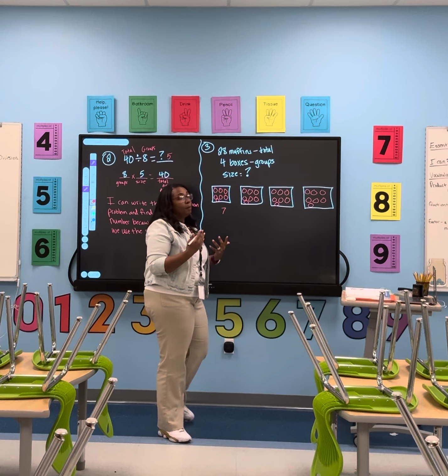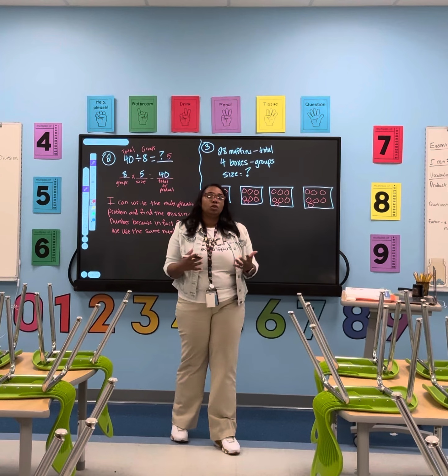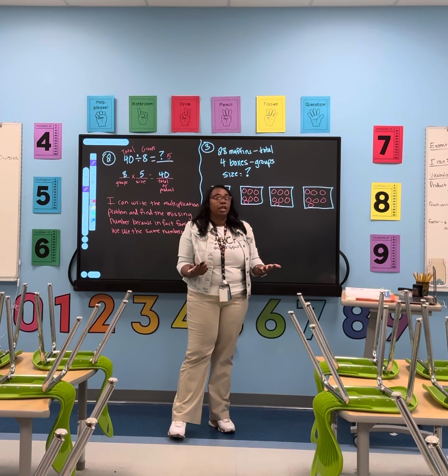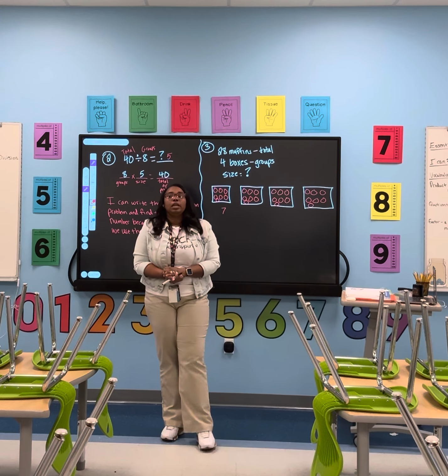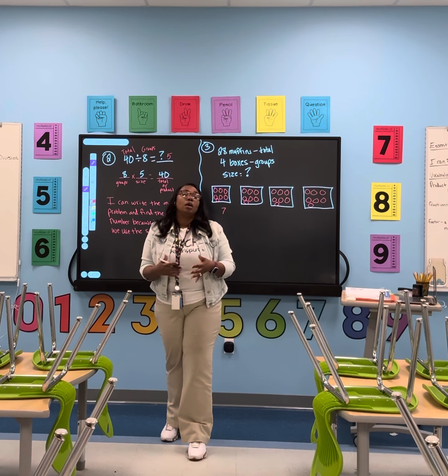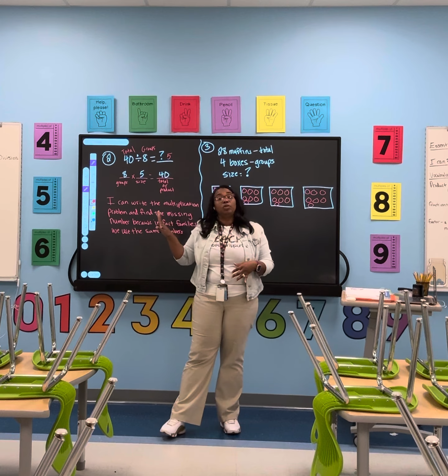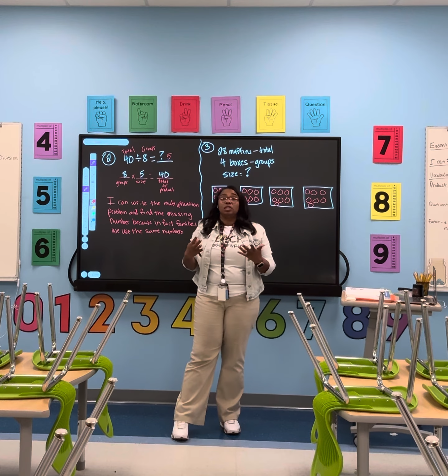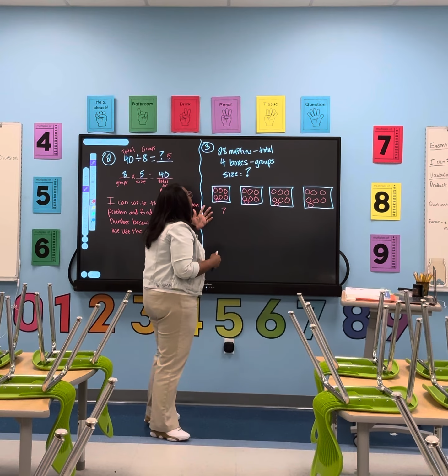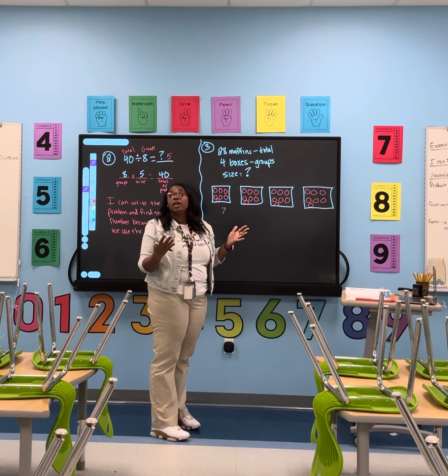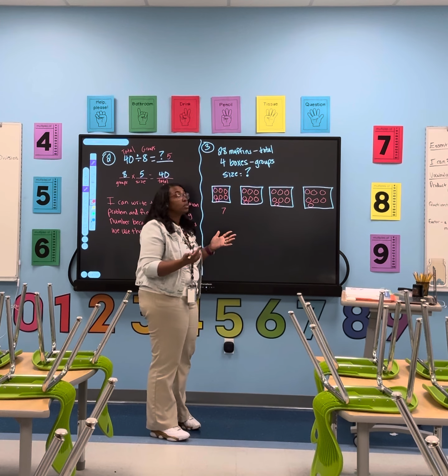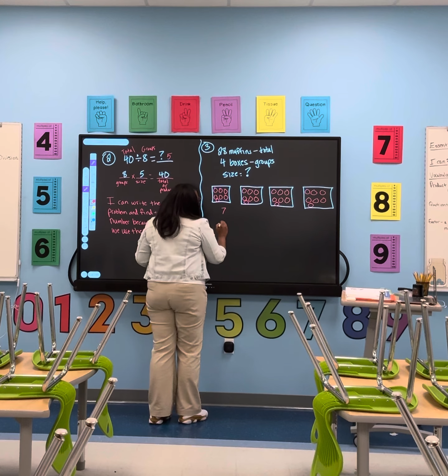But I'm not finished. You have to do the equation. So usually if they give you the total, my mind goes directly to division. So I'm going to write a division equation. Remember, in your division equation, the total always goes first. So I would put my 28 first.